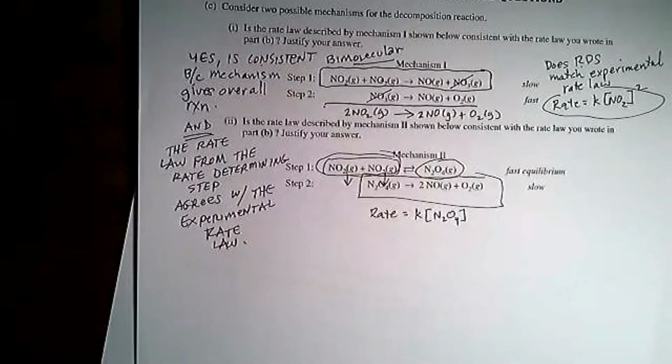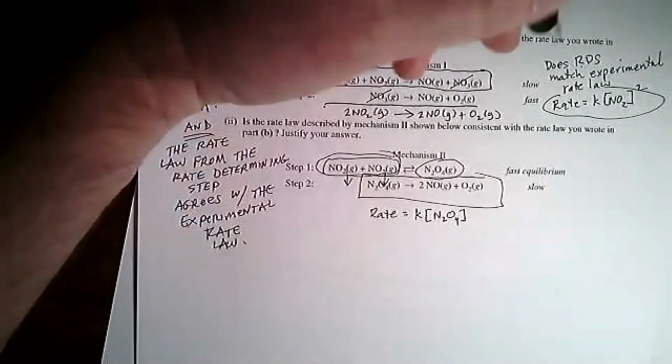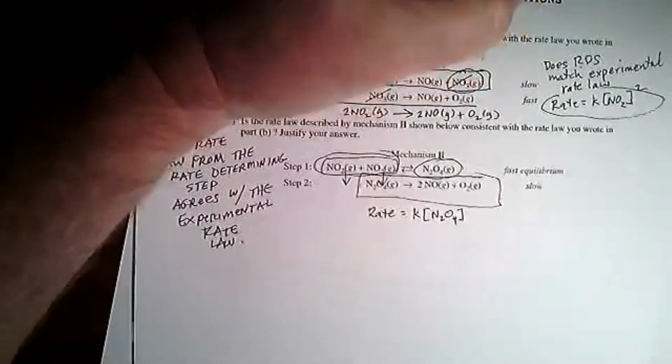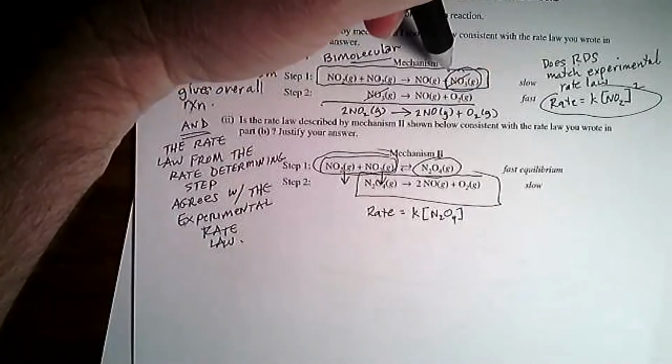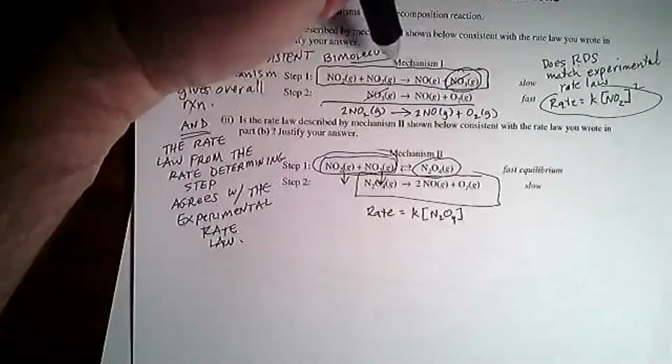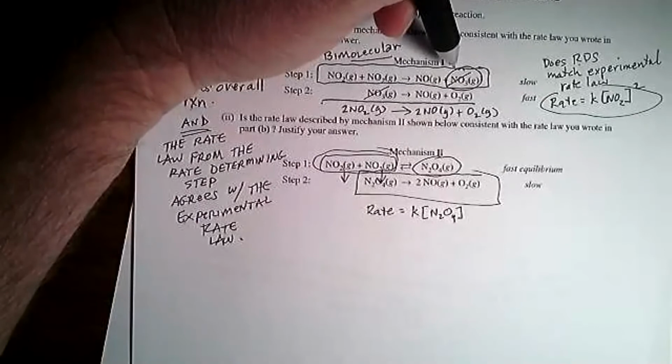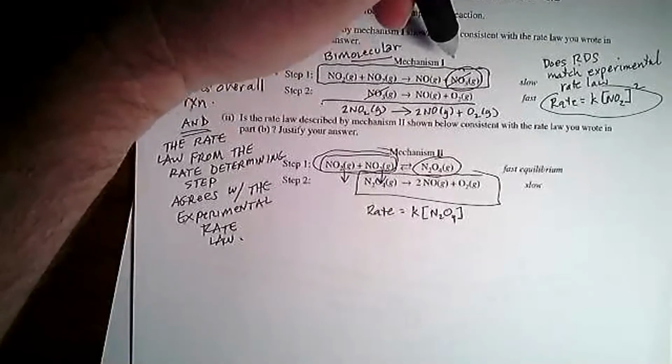We'd have to do some other tests. Like for instance, if I have the ability to measure the concentration of NO3 during the reaction. Now notice what would happen to this concentration: when I first began the reaction, there'd be none of it present because it's a product in this first reaction.